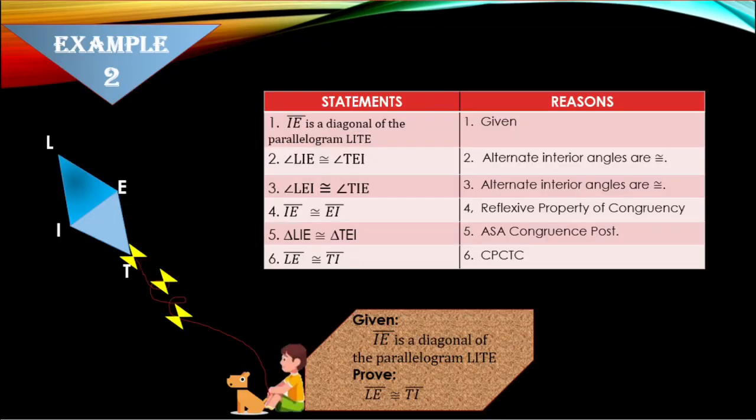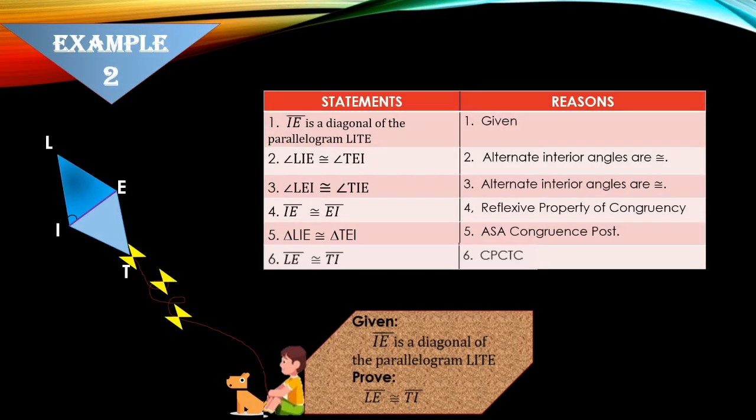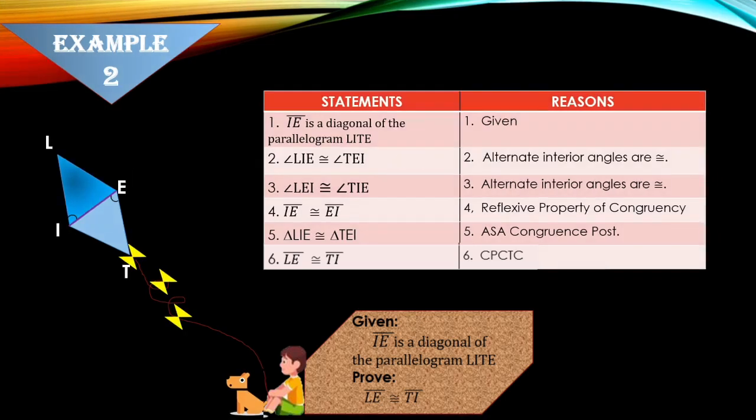Statement number 1. Segment IE is a diagonal of the parallelogram LITE. Reason: given. Number 2. Angle LIE is congruent to angle TEI. Alternate interior angles are congruent. Number 3. Angle LEI is congruent to angle TIE.